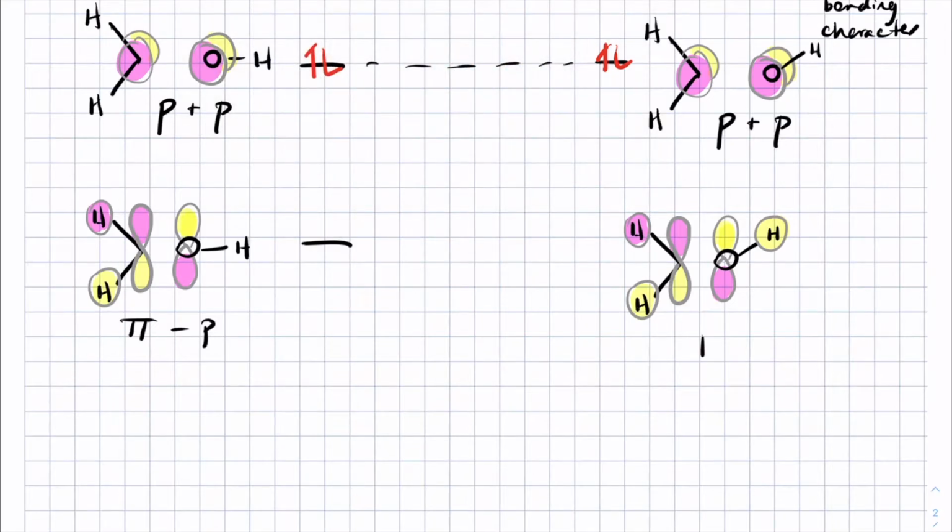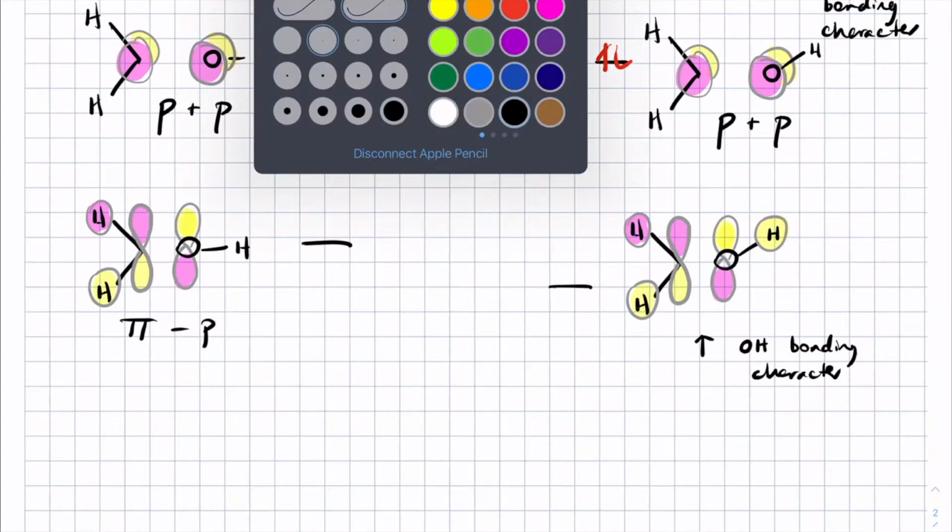So we would see, again, increased oxygen-hydrogen bonding character. And that would allow us to predict some amount of stabilization.